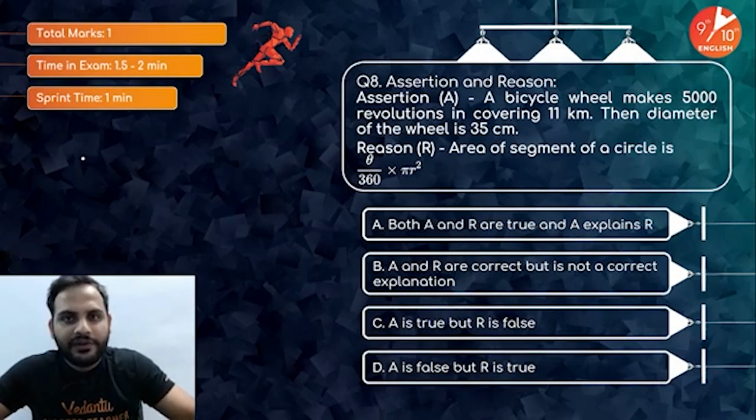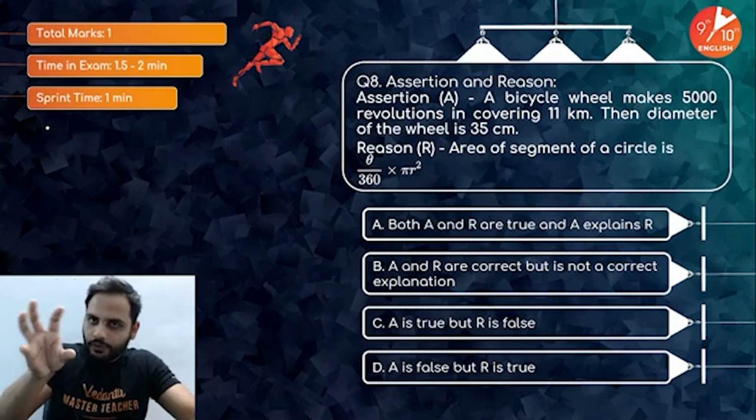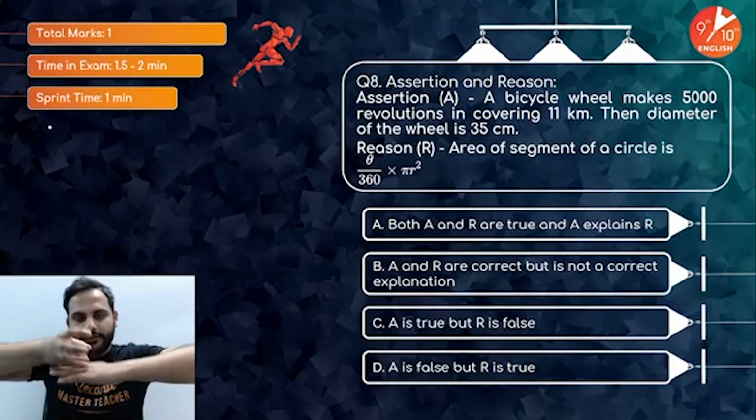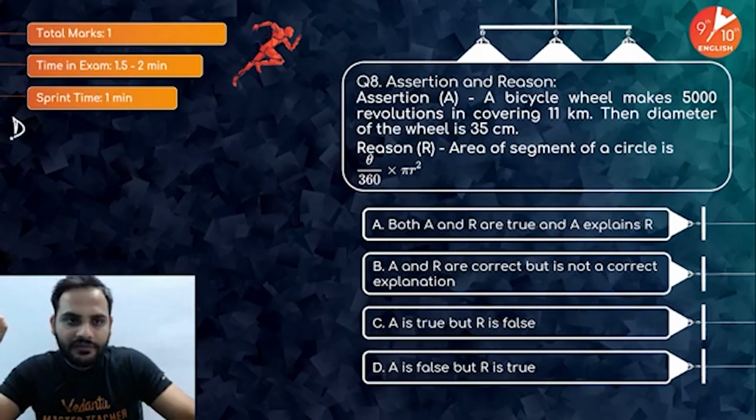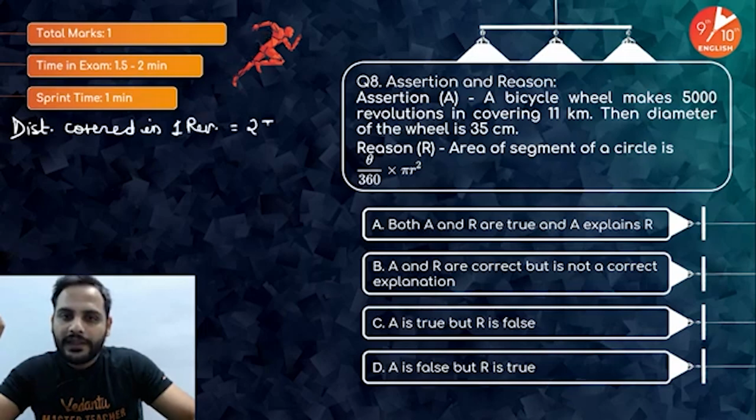Then we have to find out the diameter. Distance is what? 5,000 revolutions they are completing in 11 kilometers. So guys, we know that when the wheel rotates, it rotates on its circumference, right? So distance covered in one revolution will be equal to 2 pi r.